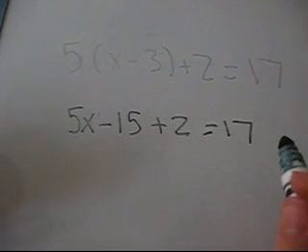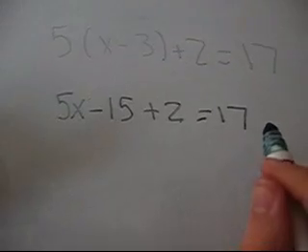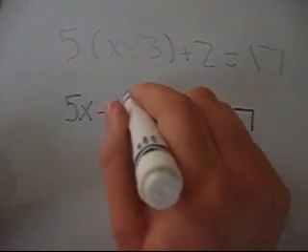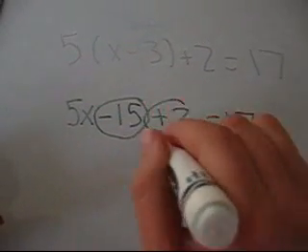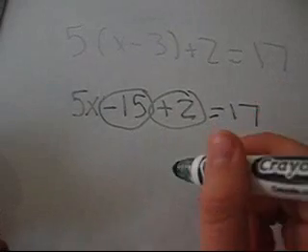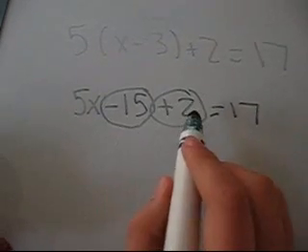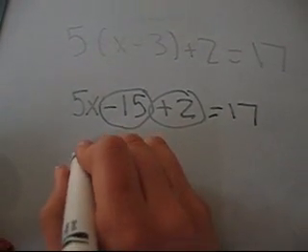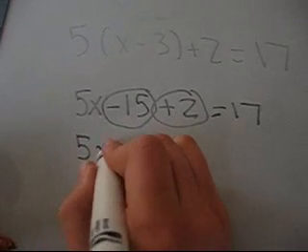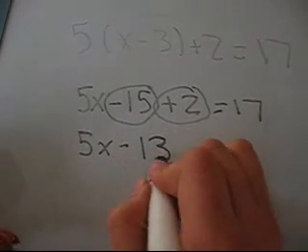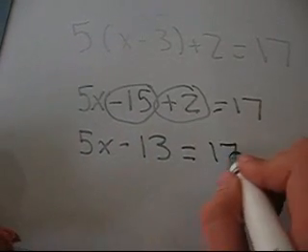And then what you do is combine like terms, which in this case are negative 15 and 2. So, you have negative 15 plus 2 is negative 13. So you have 5x minus 13 equals 17.